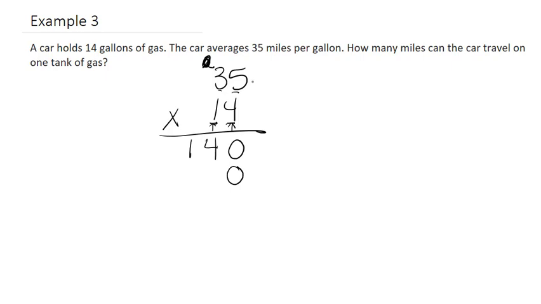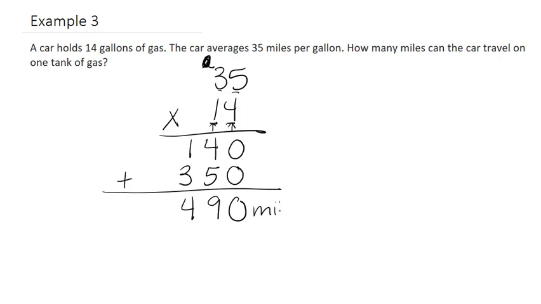So 1 times 5 is 5, and then 1 times 3 is 3. Now since we're done multiplying, we can add these two numbers to get our final number. So 0 plus 0 is 0, 4 plus 5 is 9, and 3 plus 1 is 4. So the car would on average get 490 miles.